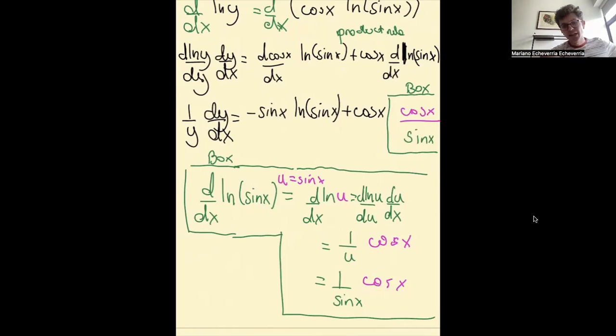Is that making sense? So this is a tricky problem because of the chain rule. If you want, you can write it as cotangent. That's more up to you for these problems. But yeah, you could rewrite it as cotangent of x. That would also be fine. It's fine also just to write it as cosine divided by sine.